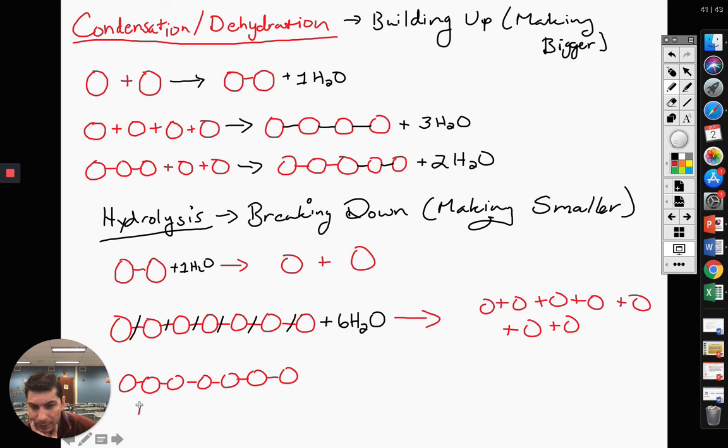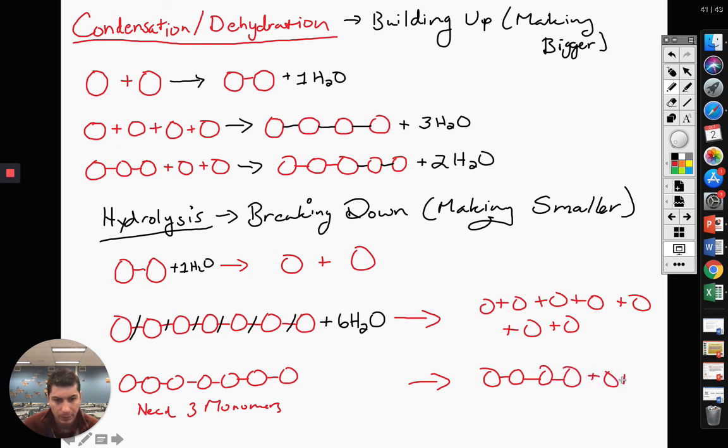Okay? Let's say for the last one, I'm going to do that same chain. And let's say the problem says you need 3 monomers. So I want to break 3 of them off. So I'm going to have 4 bonded together still. 1, 2, 3, 4. 1, 2, 3 individual ones. So let's see how many bonds we broke there.